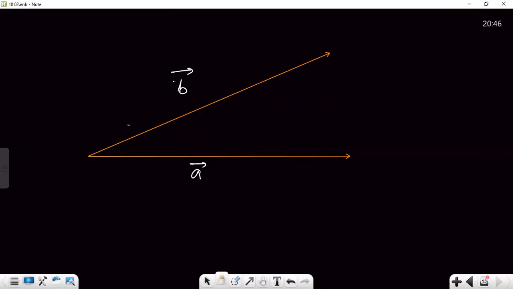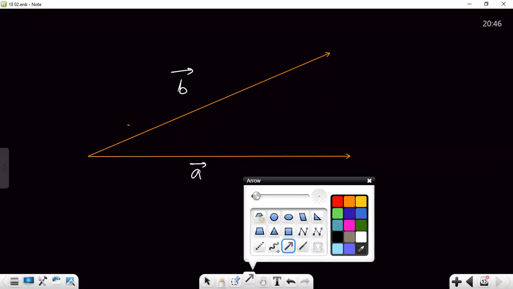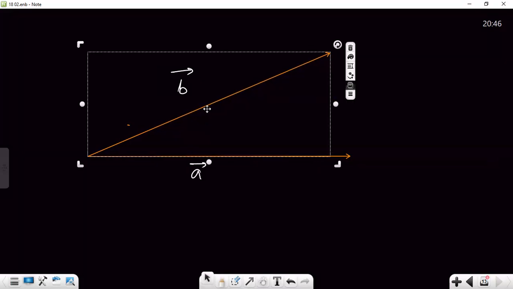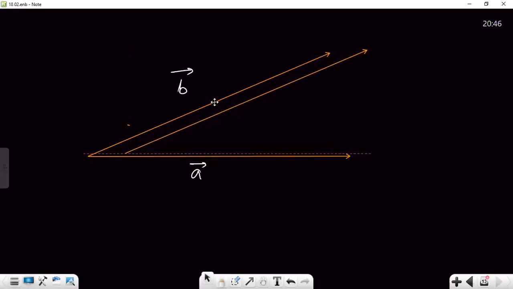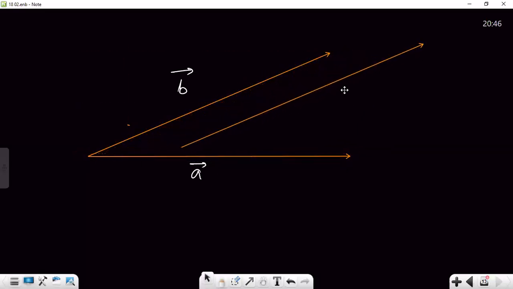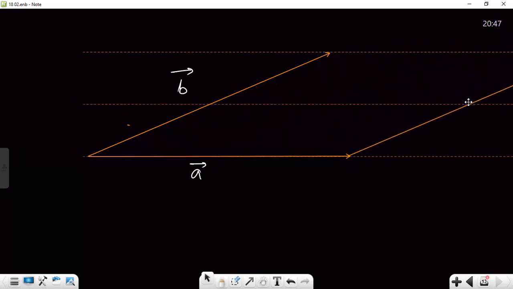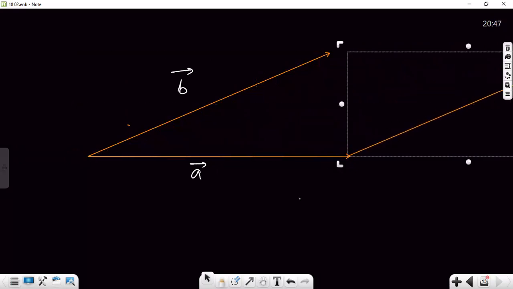So what we do is that we relocate the vector hypothetically. How do we do so? We'll take this B vector and we'll displace this vector here, and we'll connect its tail with the head.